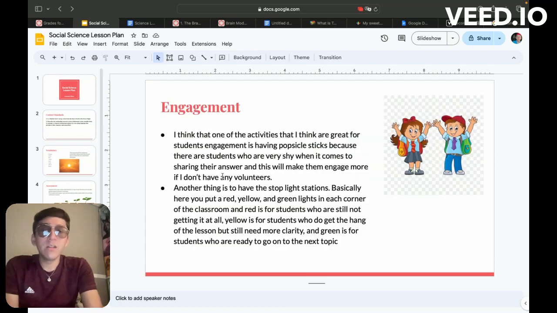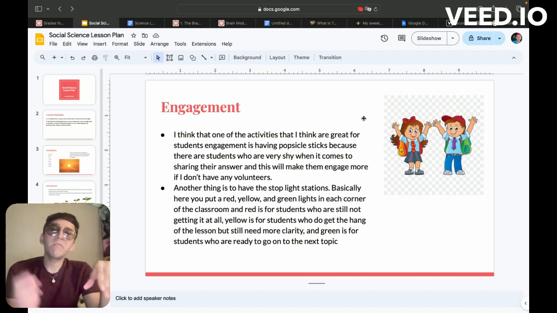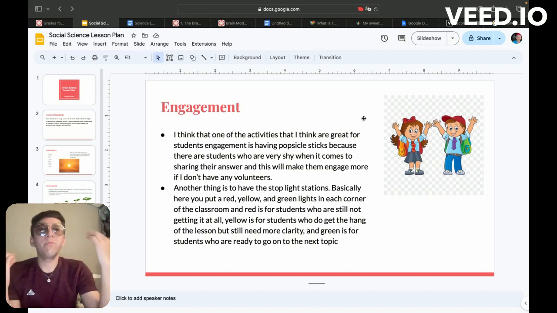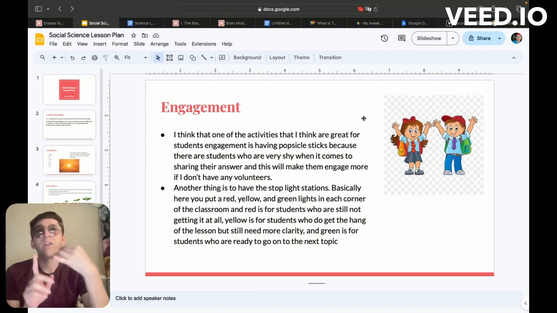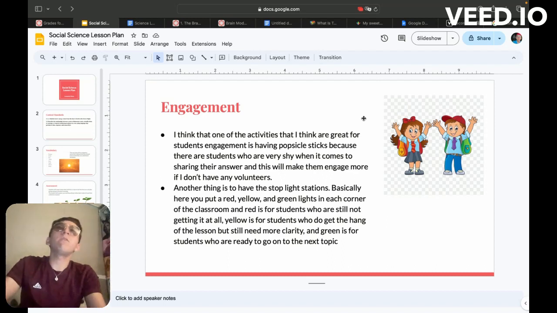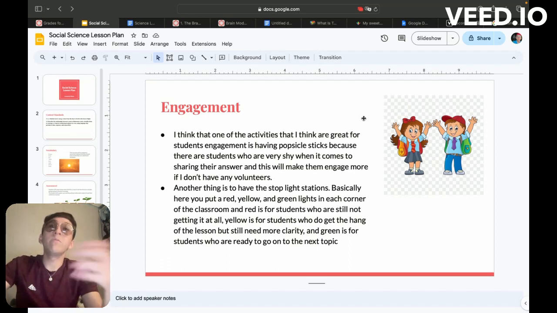So for engagement, I think one of the activities that is great for students' engagement is having popsicle sticks, because there are students who are very shy when it comes to sharing their answer. Of course, before digging into the activity, I'm going to be giving them a preview of what some of the items or objects are that need energy from the sun.